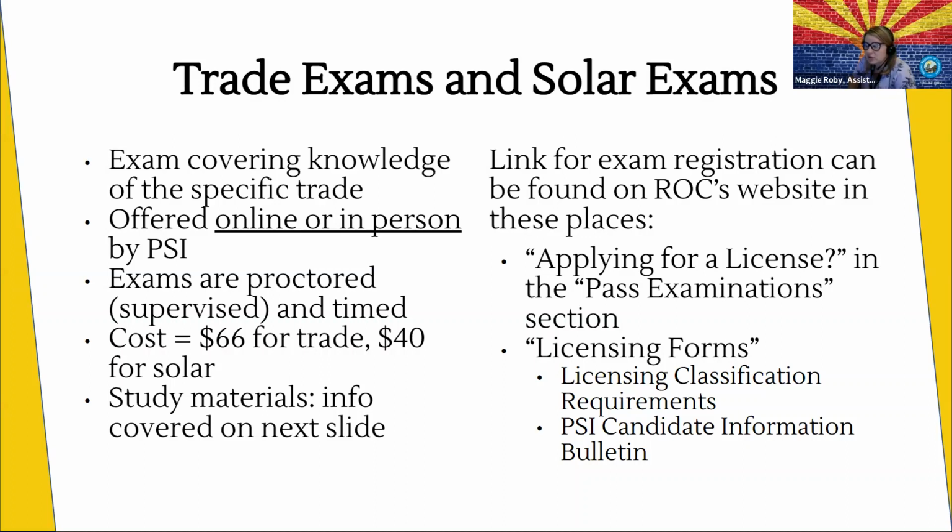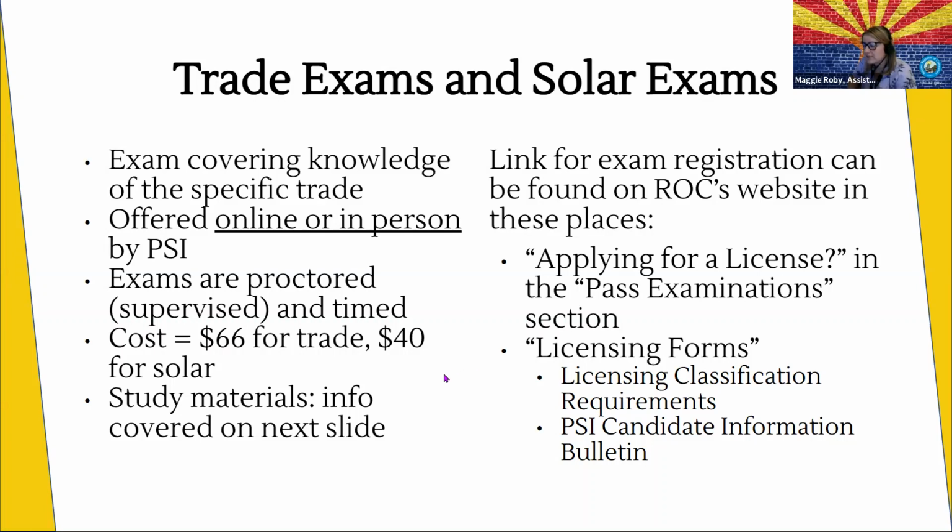The cost for your trade exams is going to be about $66 for a trade exam and $40 for a solar. For the trade exams, there is additional study material that can be purchased and used during your exam. So again, if you go to our website and follow the link for applying for a license under the past examinations, you can also find the link to that PSI candidate information bulletin.